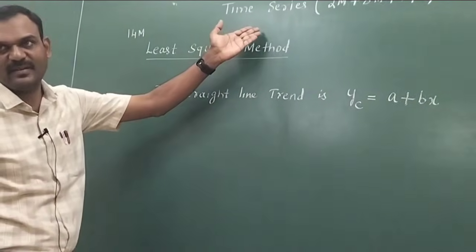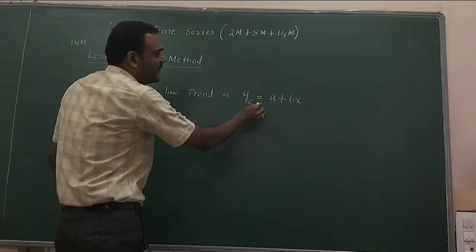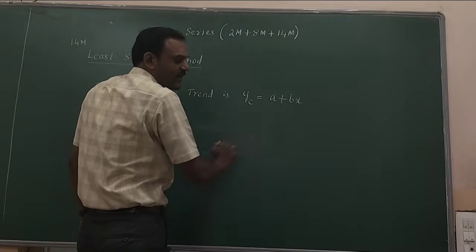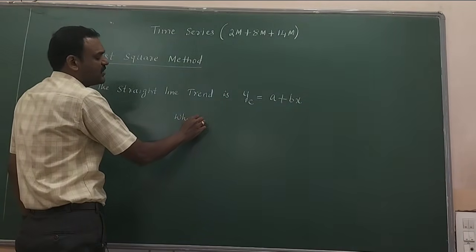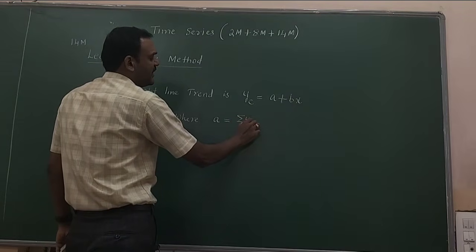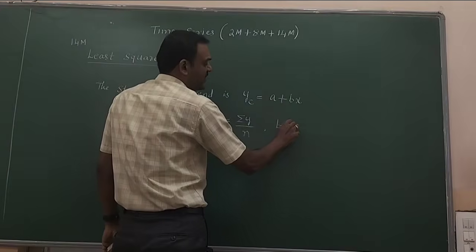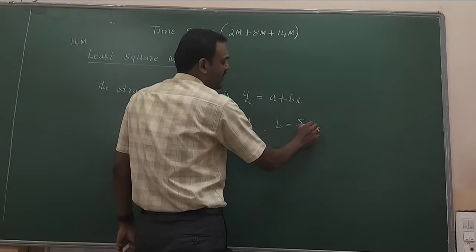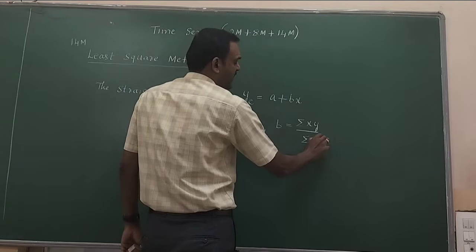Usually in time series, the straight line trend is given by Yc equals A plus BX, where A equals summation of Y divided by N, and B equals summation of XY divided by summation of X square.